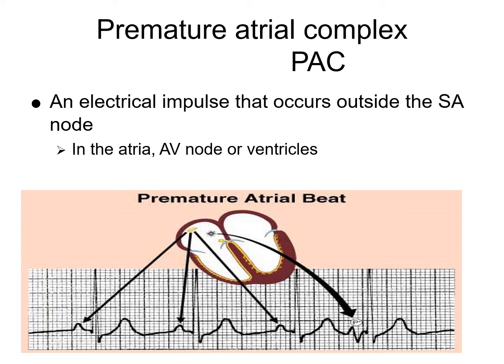So the impulse originates outside the SA node, and the P wave may have a different shape, often notched, peaked, or buried in the preceding T wave. It usually comes from an ectopic stimulus that arrives from either the left or right atrium, but not the sinus node.